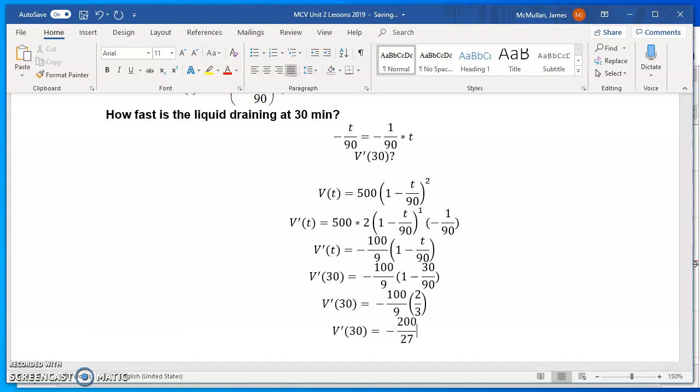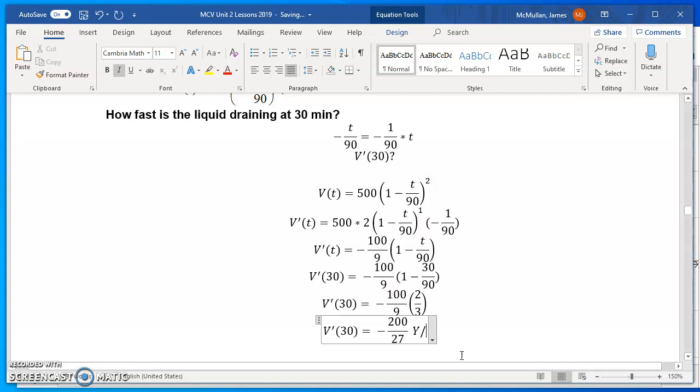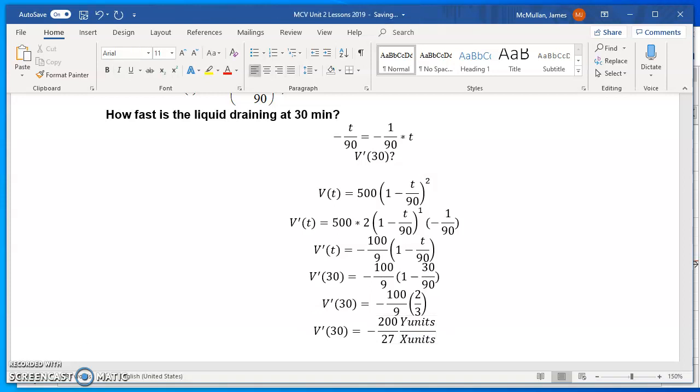So a rate of change question requires that you write the unit. The unit is whatever y is measured in divided by whatever x is measured in. Okay? So I'm going to write y units over x units. Now, what does that mean in this case? The tank is draining at a rate of negative 200 over 27 liters per minute, right?